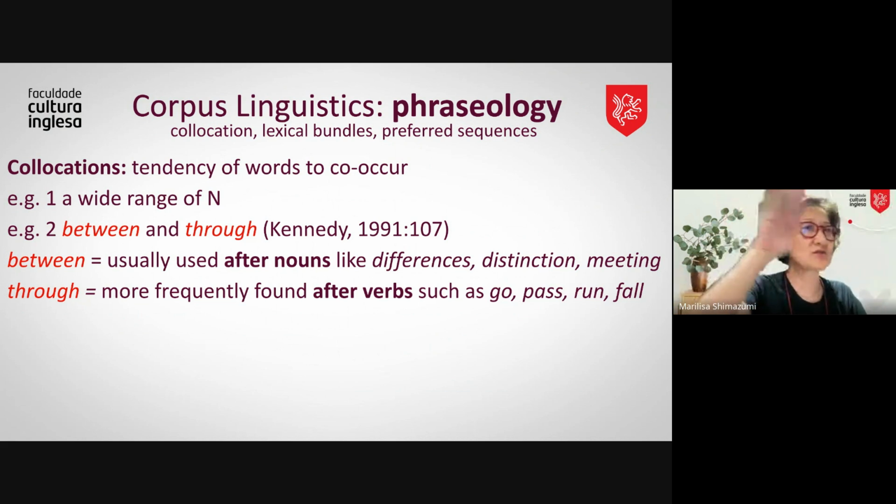You can see the patterns repeating all the time. So for example, this is an example of collocation. When you use "a wide range of," it's always followed by a noun: a wide range of options, a wide range of cars. So this is one example of the co-occurrence of words.